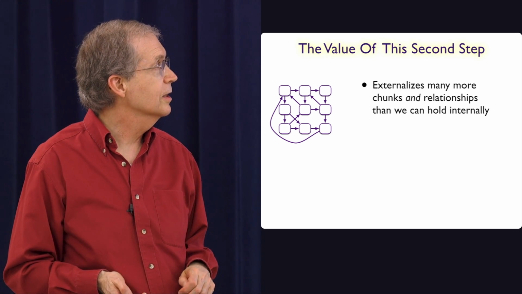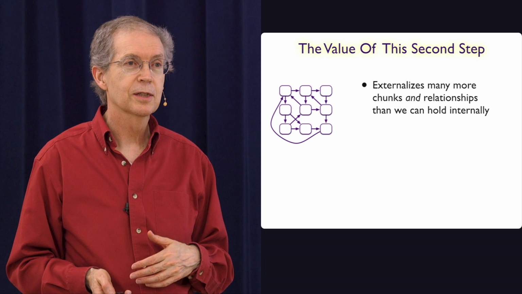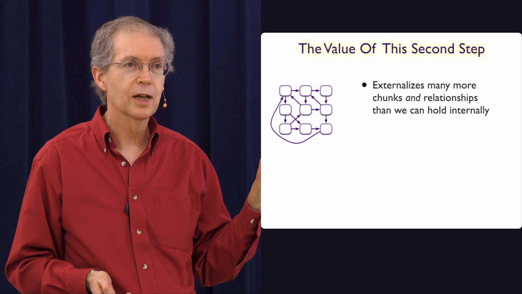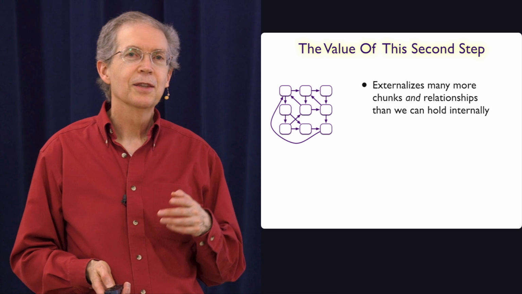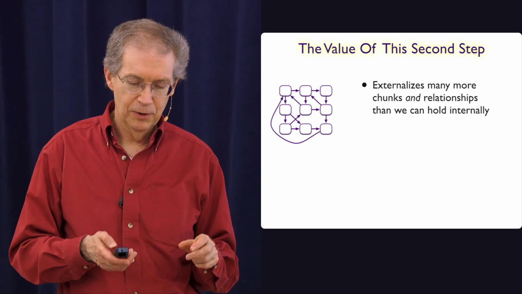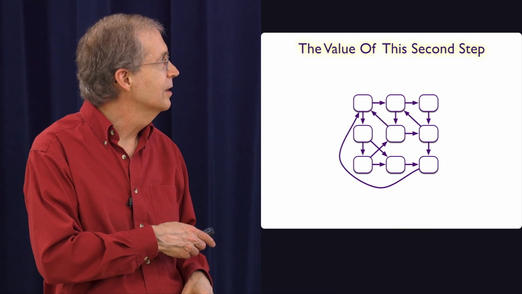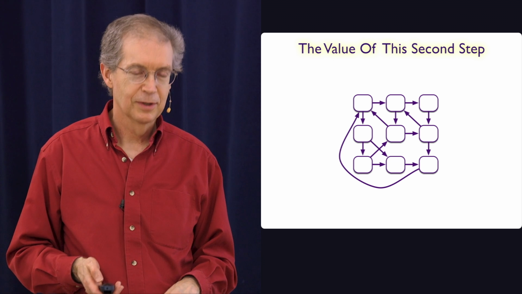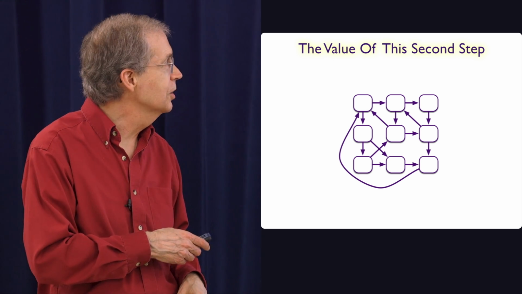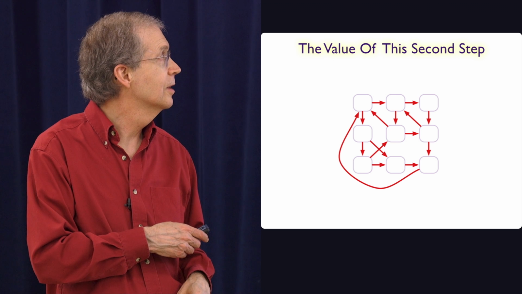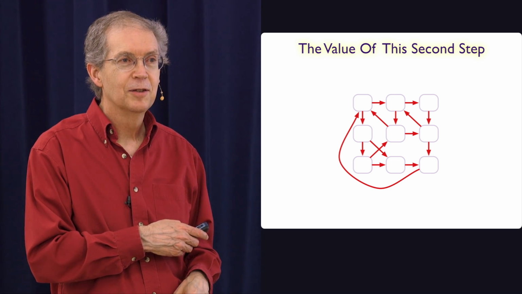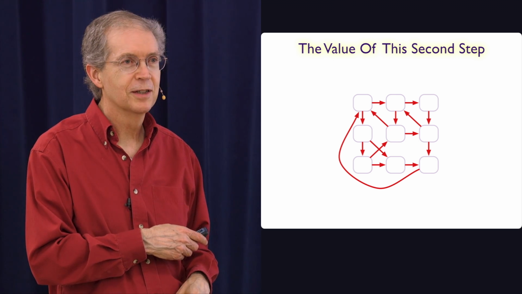So the value of this second step is that not only does it externalize chunks, it externalizes the relationships. And here I want to mention there's a really wonderful, clever thing that these diagrams do, which is that they turn relationships into objects as far as your subconscious is concerned. Because it's a shape.